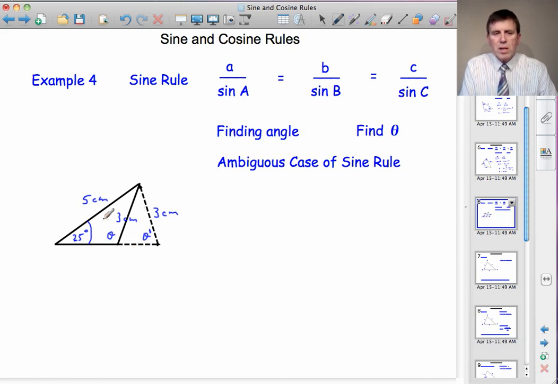We get 3 over the sine of the opposite angle, 3 over sine 25 degrees, is equal to 5 over sine theta. So it looks the same as the previous example. Let's cross multiply. 3 times sine theta is equal to 5 sine 25.